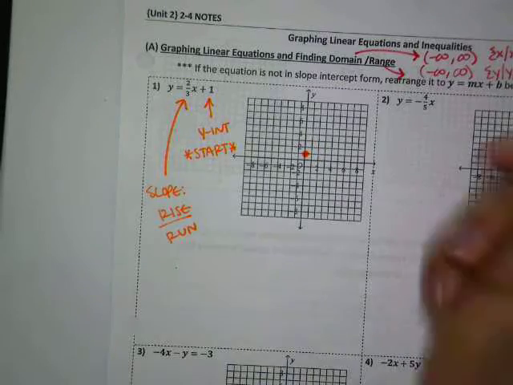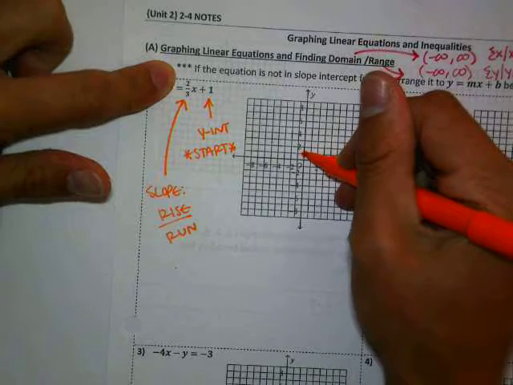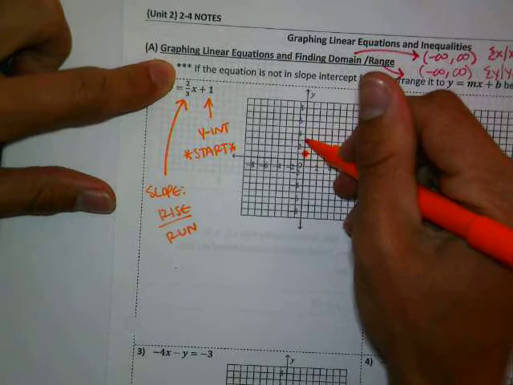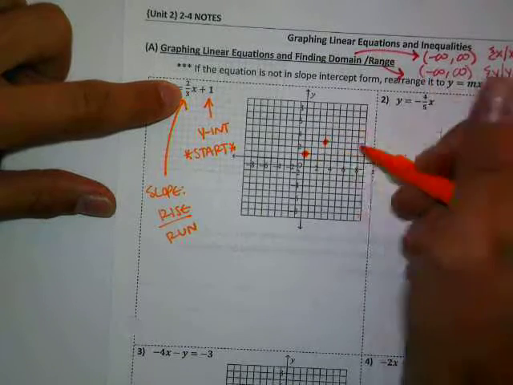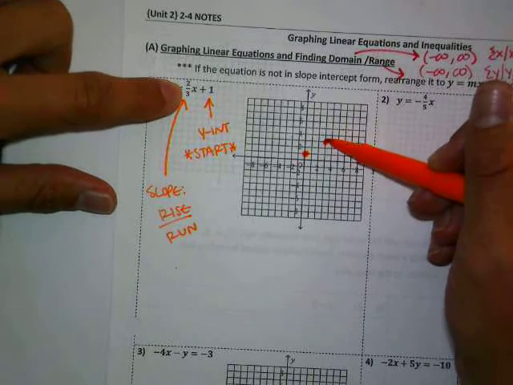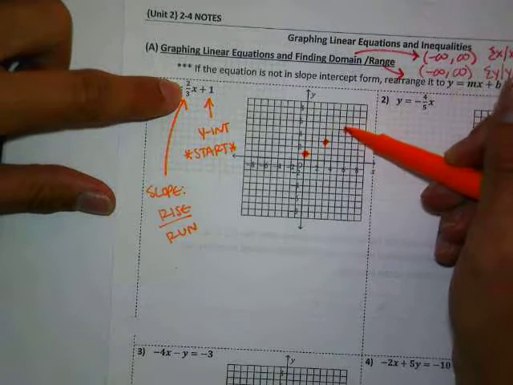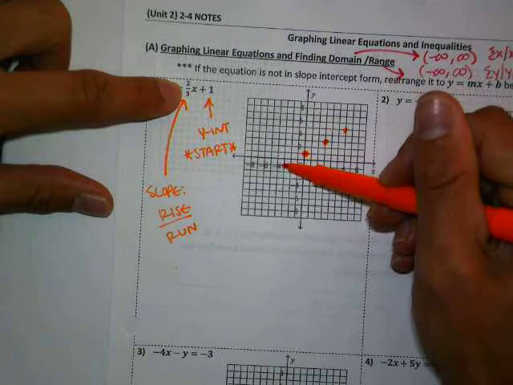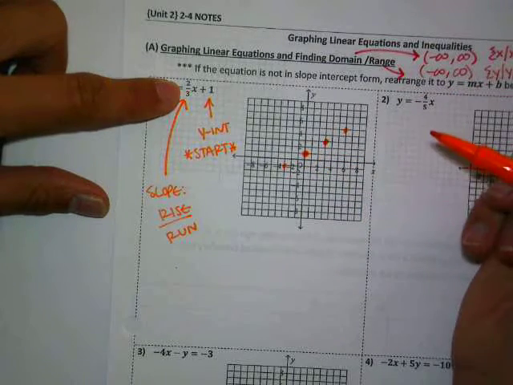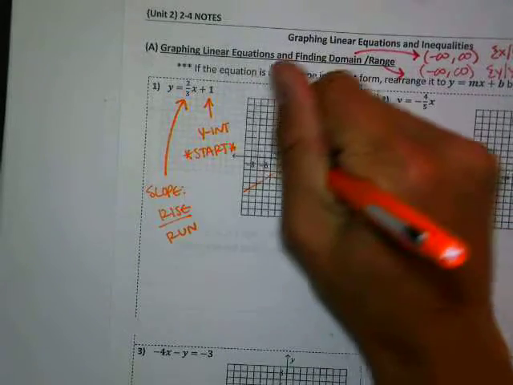So from your starting point, I'm going to rise 2, so 1, 2. And I'm going to run 3, 1, 2, 3. Put another point. If you want to put more points, you can. Rise 2, run 3, put another point. You can also go the other way, down 2, left 3. And draw a line.